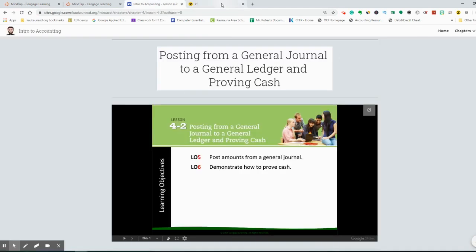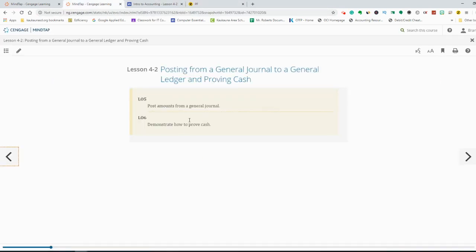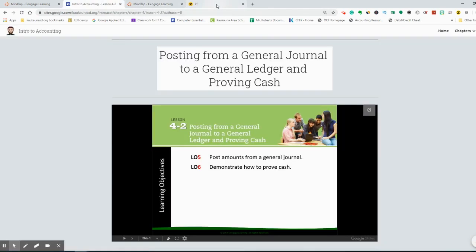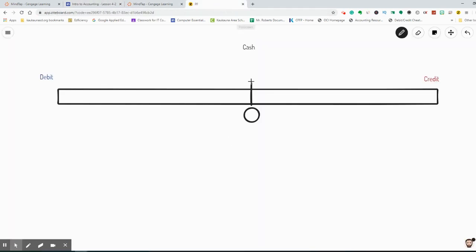So the first transaction that we had with cash moved the balance to 2,500 on the debit side. Right? So it took this 0, and what it did is it moved it this way, right? That's what it did.